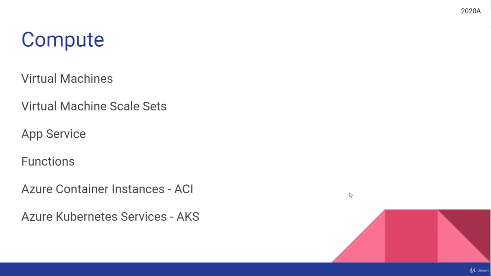Now let's round out this compute section talking about containers. Almost every type of compute service within Azure has containerized versions. There are containerized app services, the Service Fabric has containers, and Microsoft has some container-specific services such as Azure Container Instances and Azure Kubernetes Services.